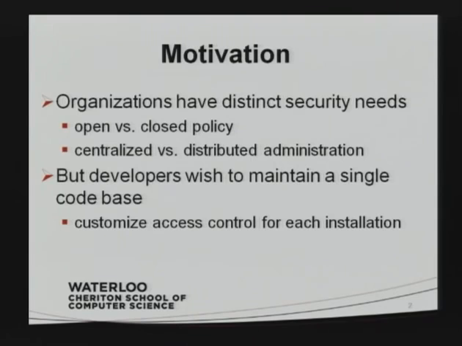So who is it that has the right to access, and who is it that determines who else has the right to access the data? This changes from organization to organization, but software developers want to build one piece of code and sell it to multiple organizations. So how do you build code that you can deploy in multiple places and have different policies being used at each one of the various installations?